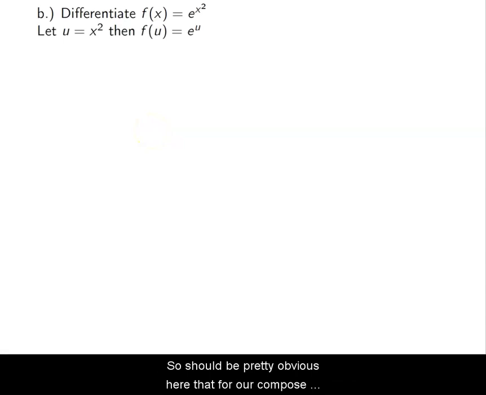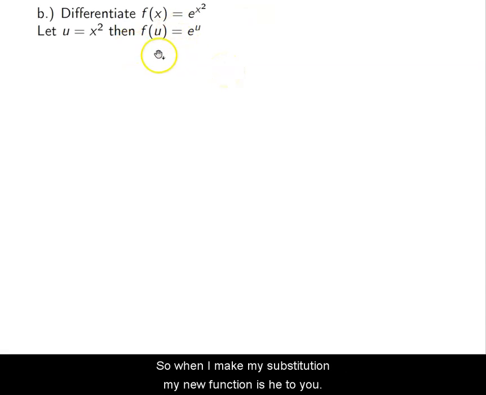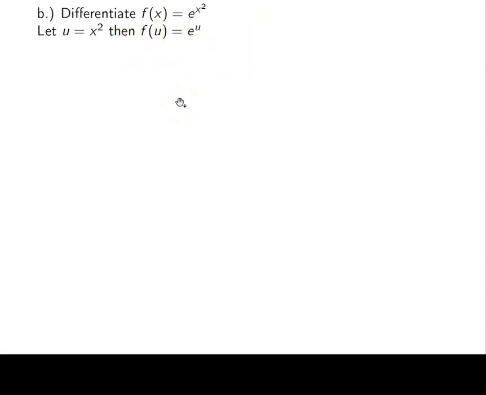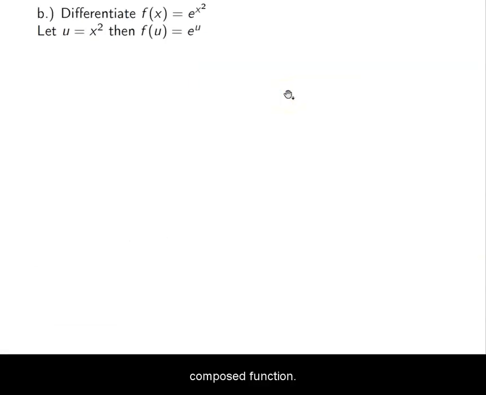So it should be pretty obvious here that our composed function is x squared being plugged into e to the x. So when I make my substitution, my new function is e to the u. So when I differentiate e to the u, I get e to the u. But I can't forget that I have to multiply it times the derivative of that composed function.